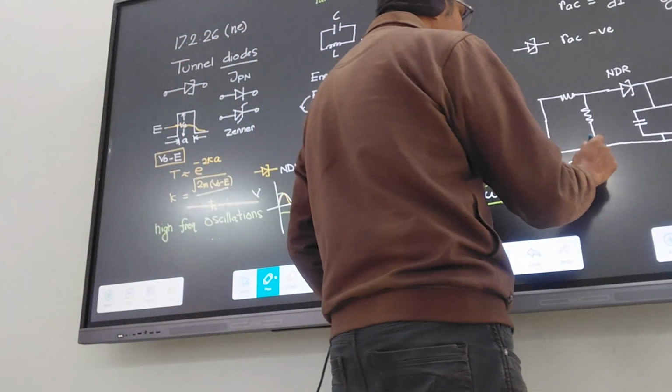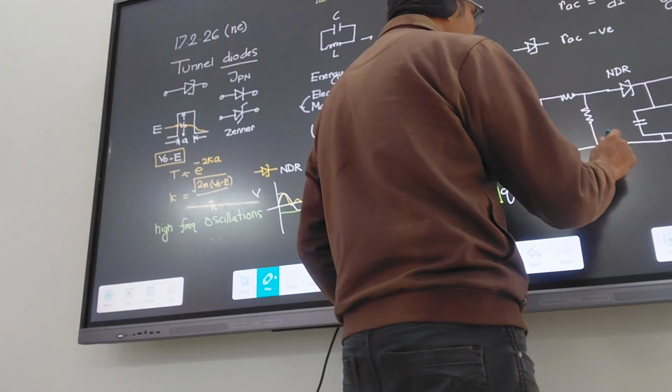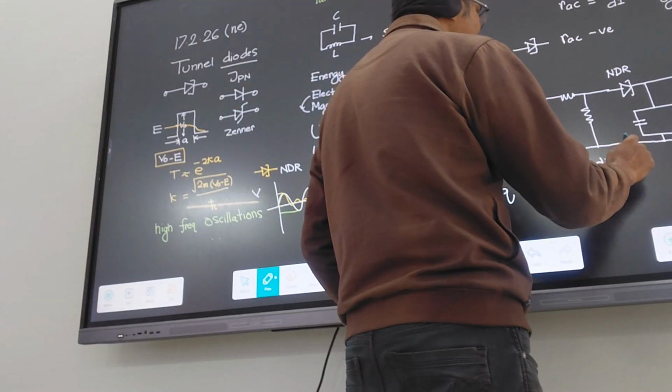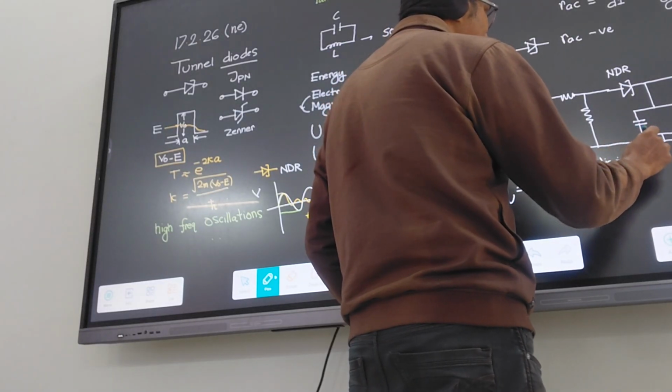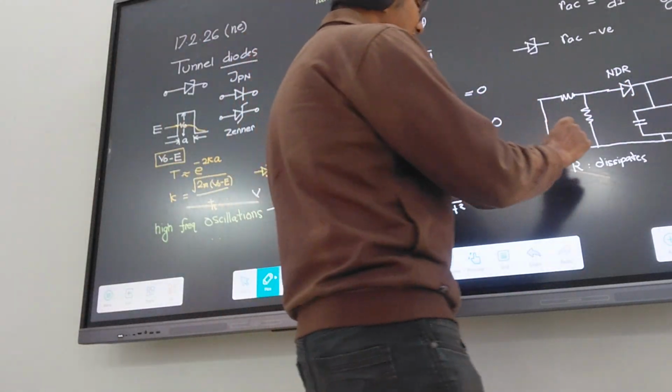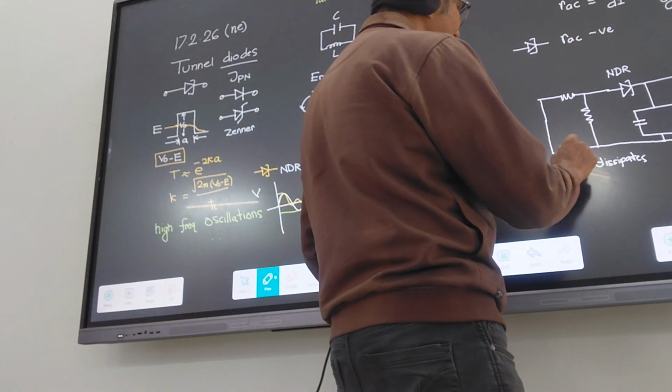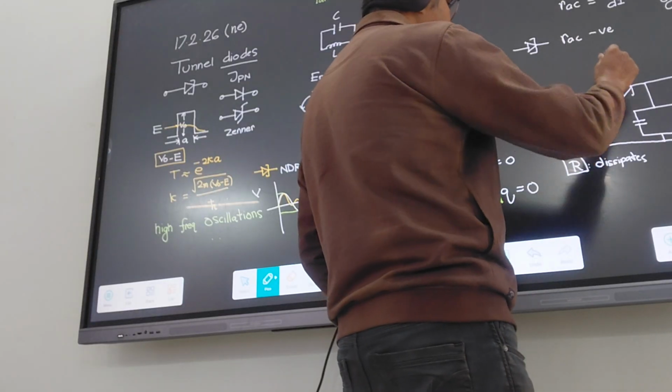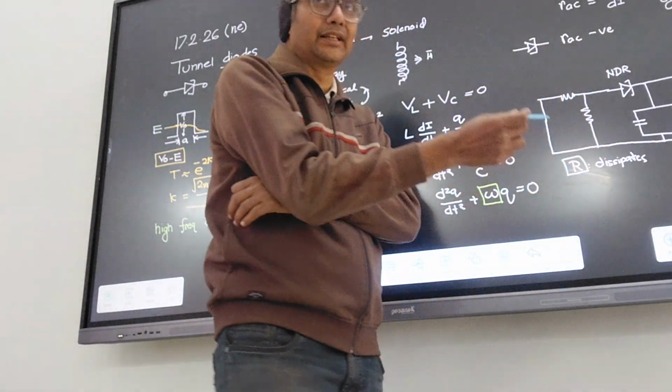Resistance, it actually dissipates the energy. So this is being avoided by having an NDR. तो इसको counterbalance करता है.